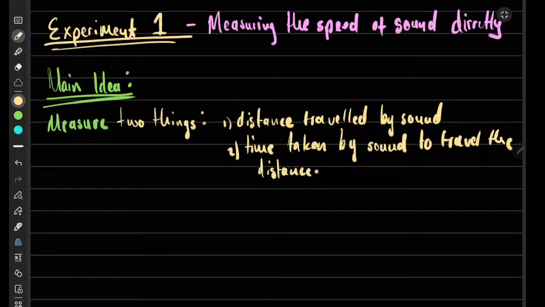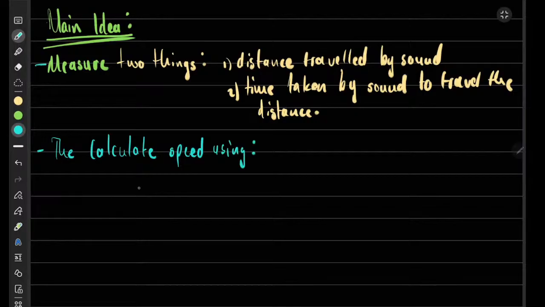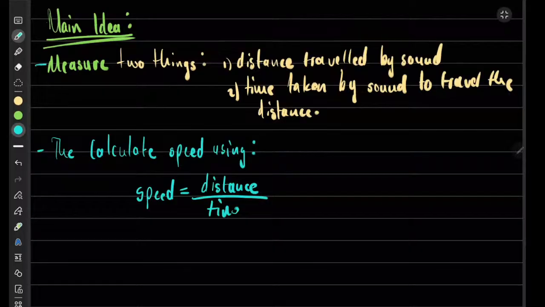Then calculate speed using the following: speed is equal to distance over time. We are then going to calculate this speed by using the formula speed is equal to distance over time.